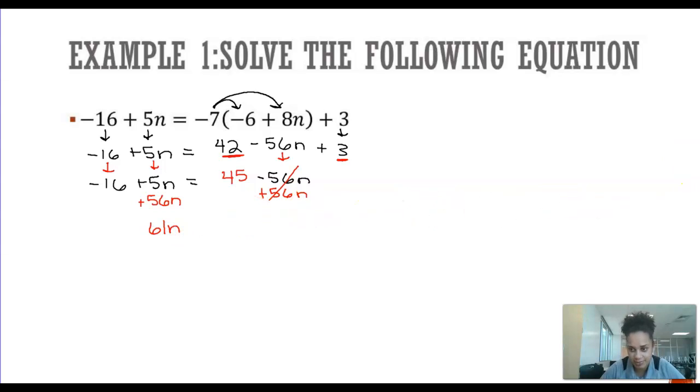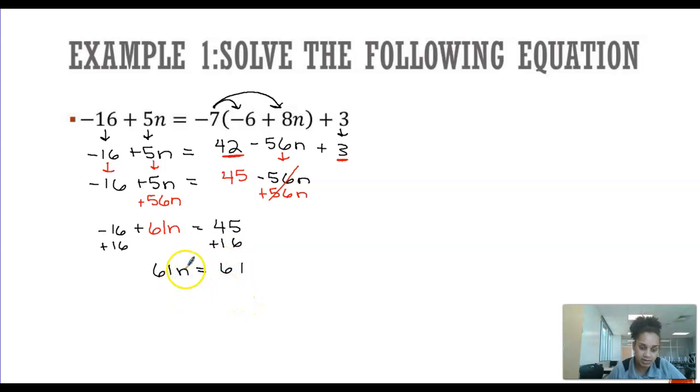Again, everything else, bring it down. So negative 16 plus 61n equals 45. Let's finish it up by getting closer to isolating that n. The opposite of subtracting 16 is to add 16. So I have 61n equals 61.